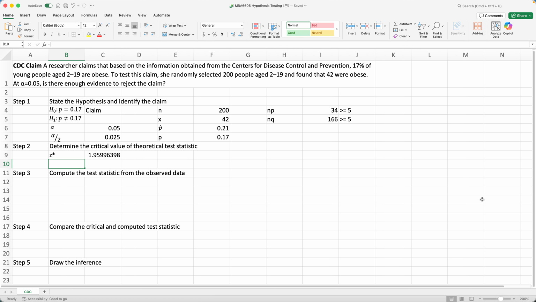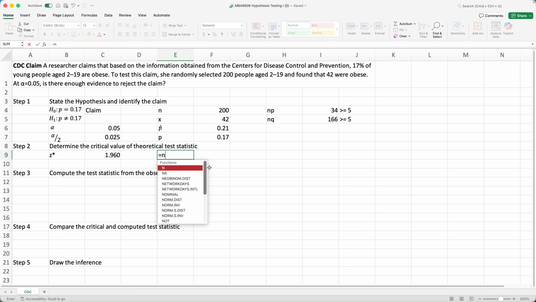We can compute it for the left-hand tail also, which will just be negative. For the sake of verification, I can just show you those values. Equal to norm dot s dot inverse at 0.025. So that value will be minus 1.96.